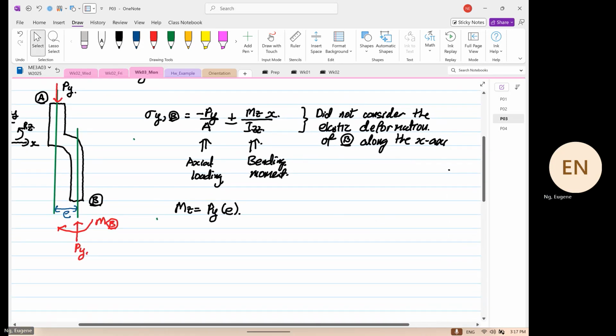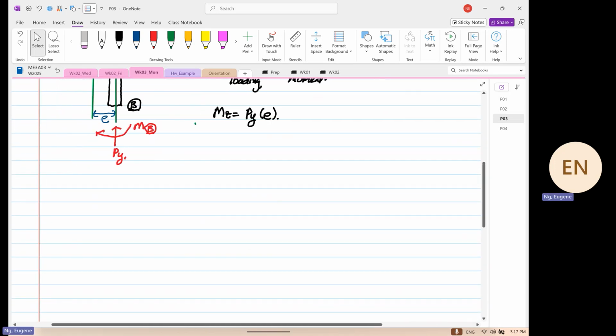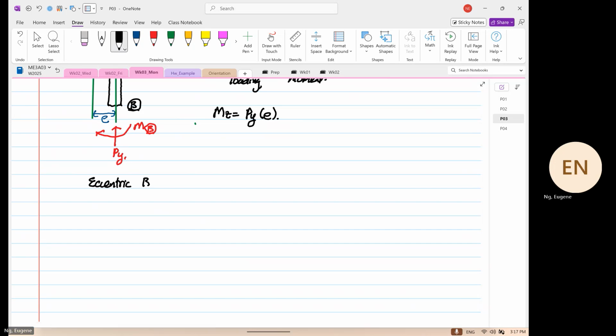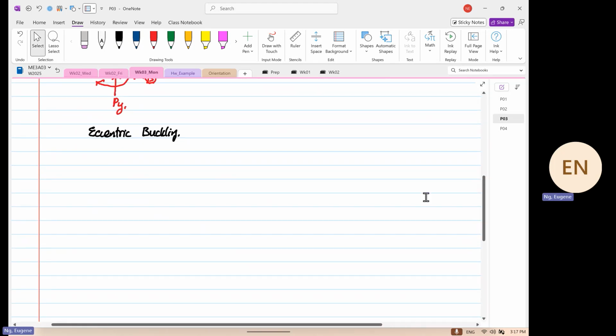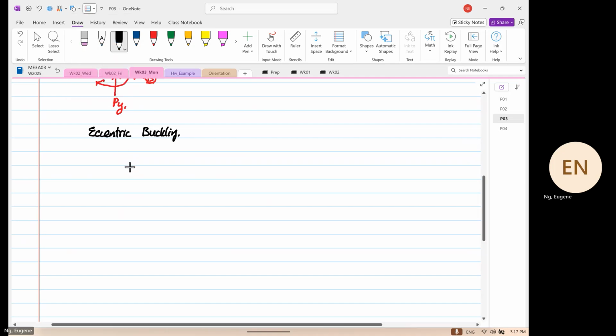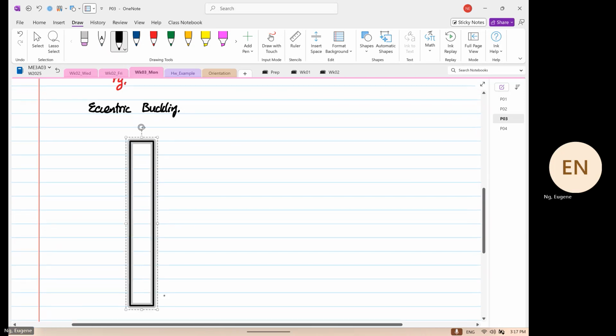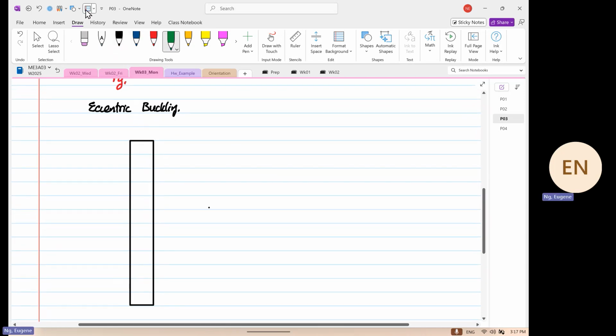Okay, so now in eccentric buckling, so we are going to look at eccentric buckling. So now we have a structure looking like this. And then I'm going to quickly sketch the centroid.